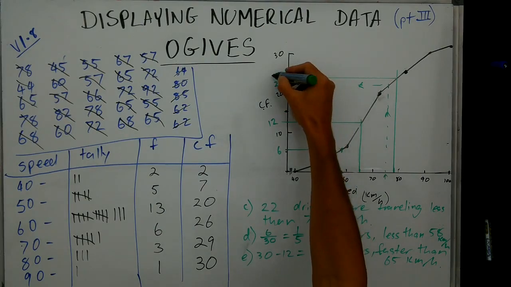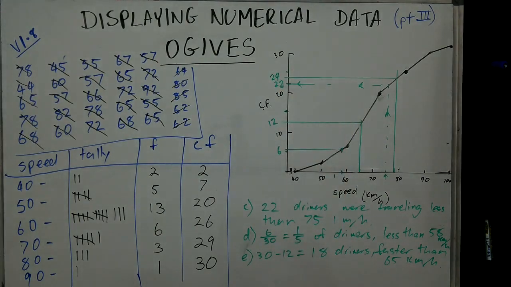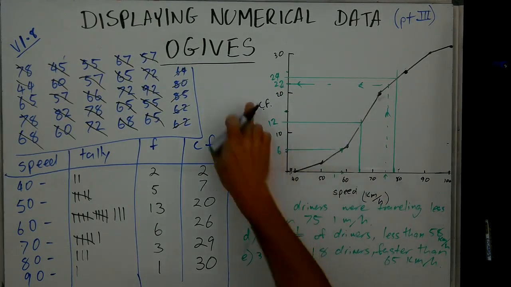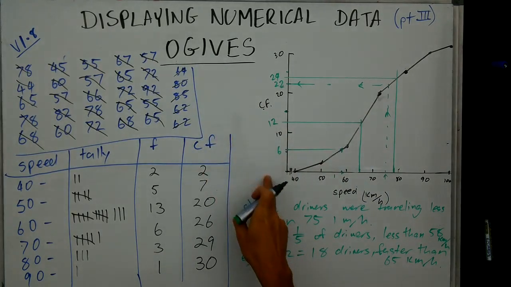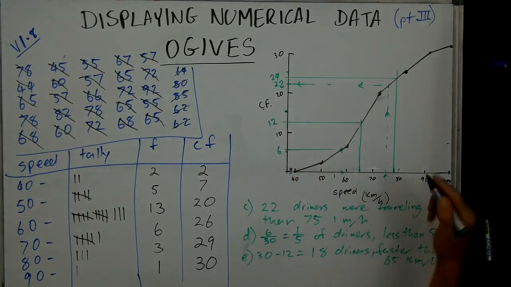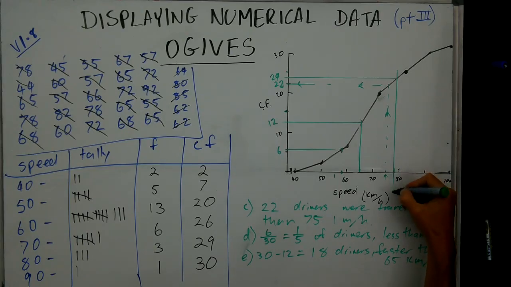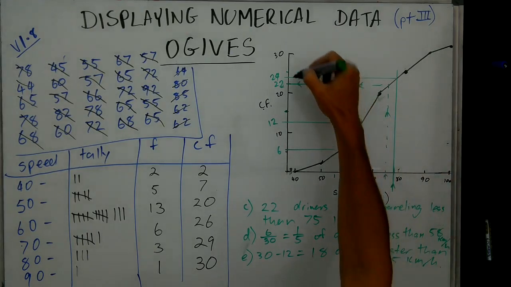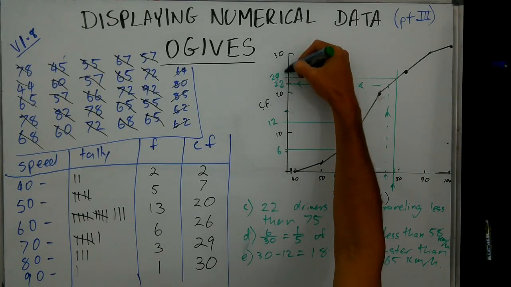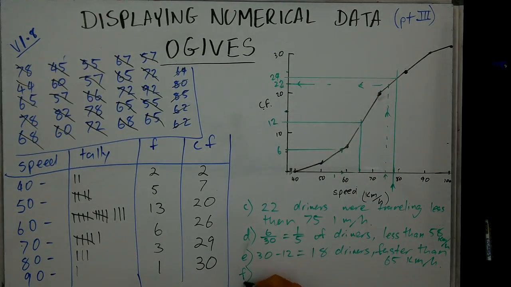Two, let's call that 24. So that means if 24 drivers were going less than this point 78 where we get a fine, that means there were 30 take away 24, 6 drivers will get a fine.